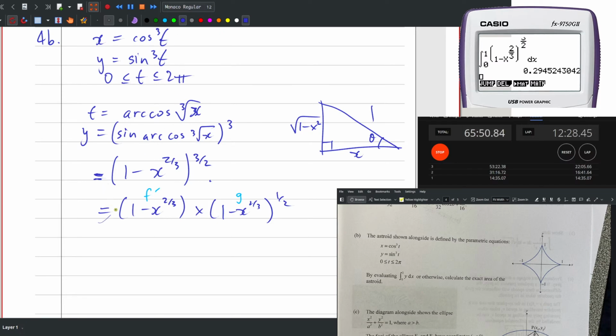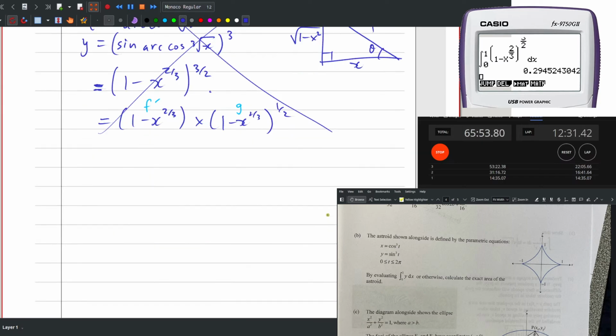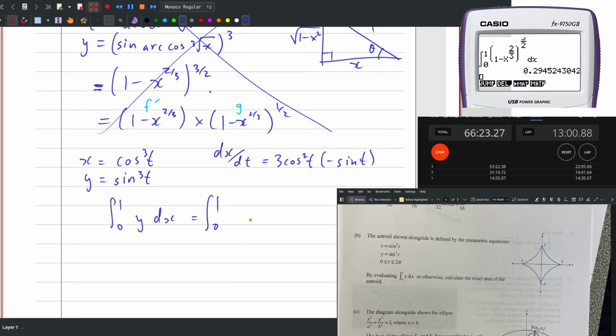Like, you go x equals cos cube t, y equals sine cube t, and then dx dt equals 3 cos squared t times negative sine t. Is this how U sub works? Like you go 1 to 0, y dx equals the integral from 1 to 0 of y times 3 cos squared t negative sine t dt.